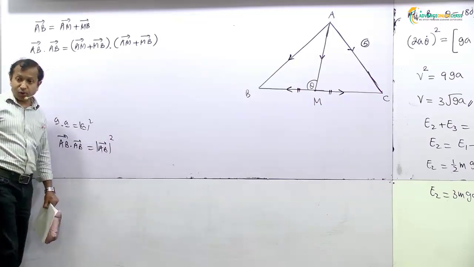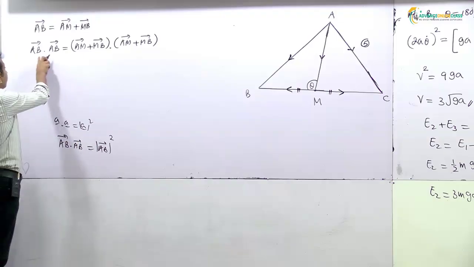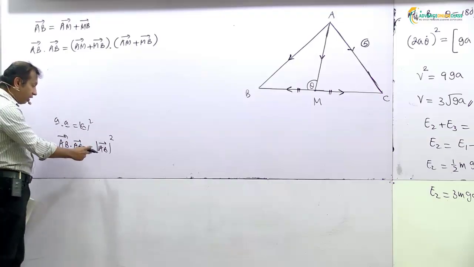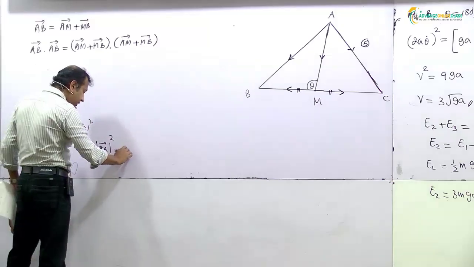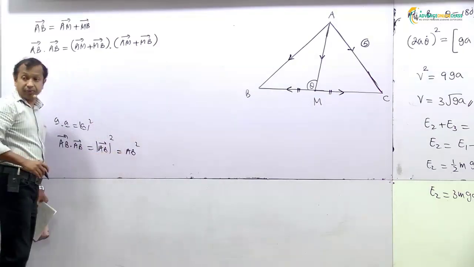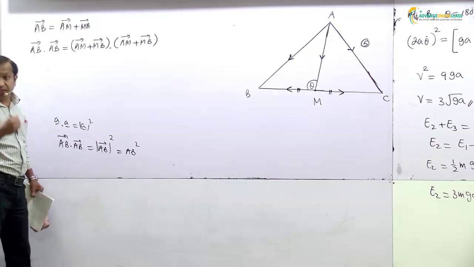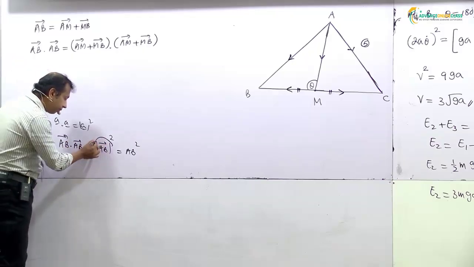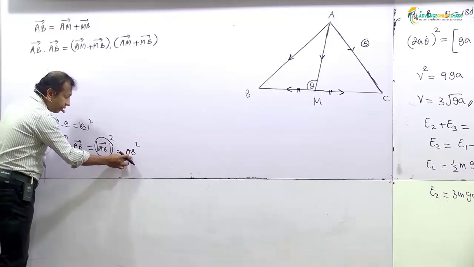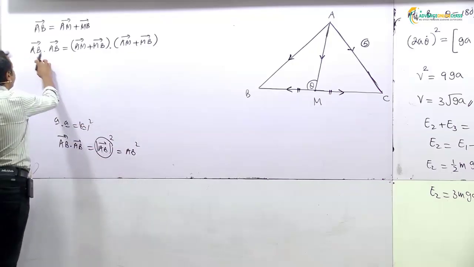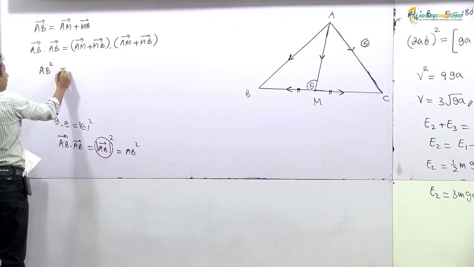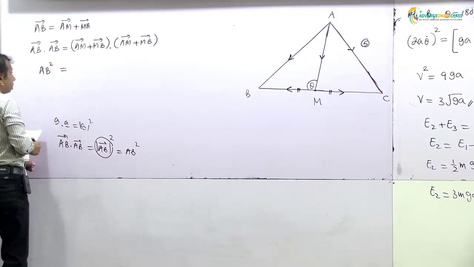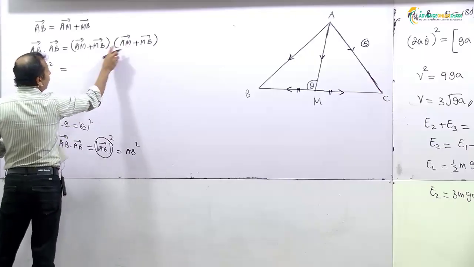But what is AB vector modulus? AB length. This is AB length perfect square. So then what is this? AB squared. Right.